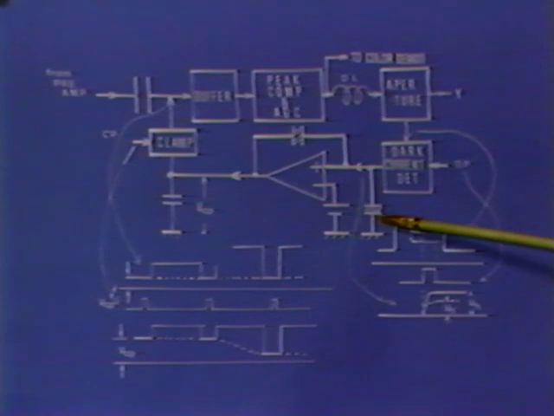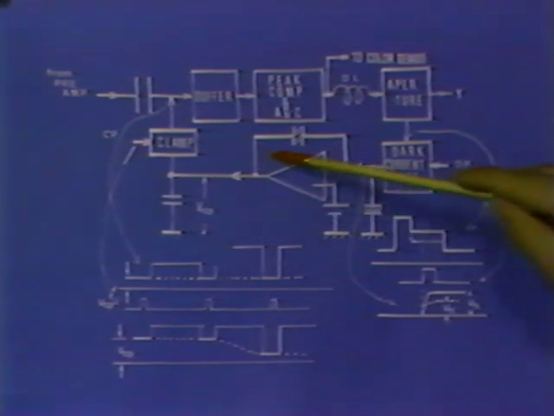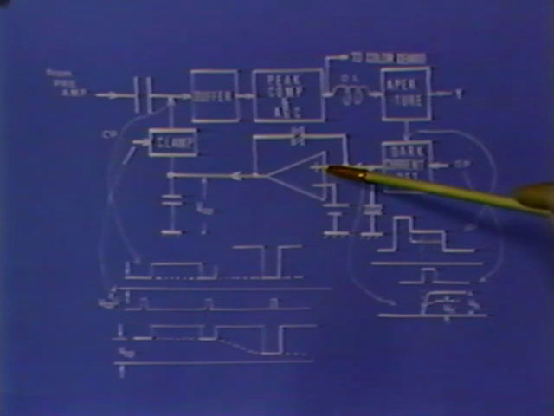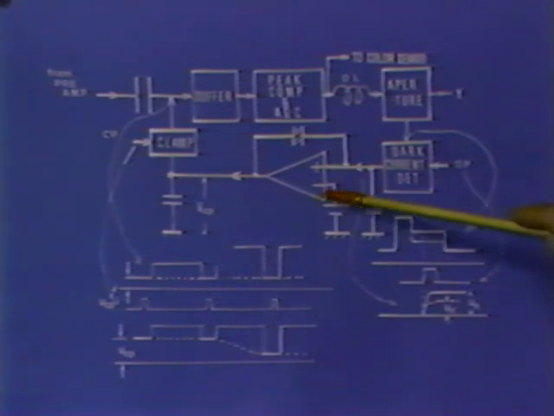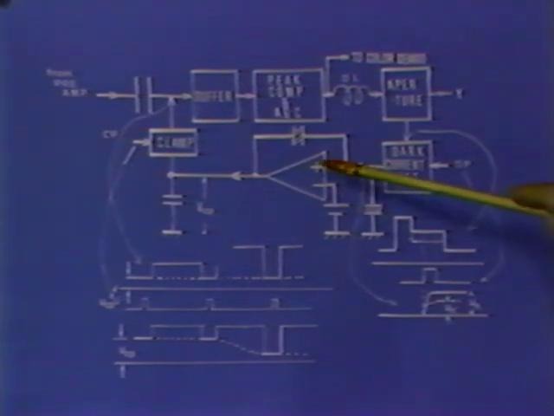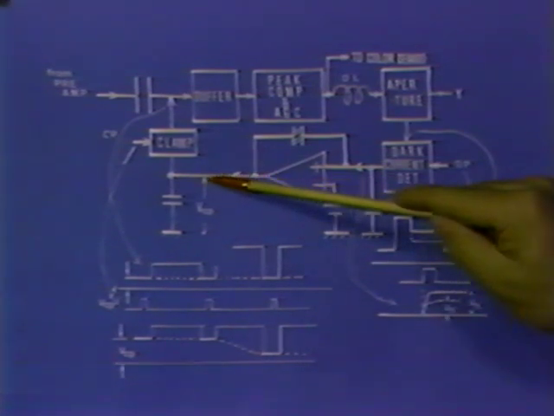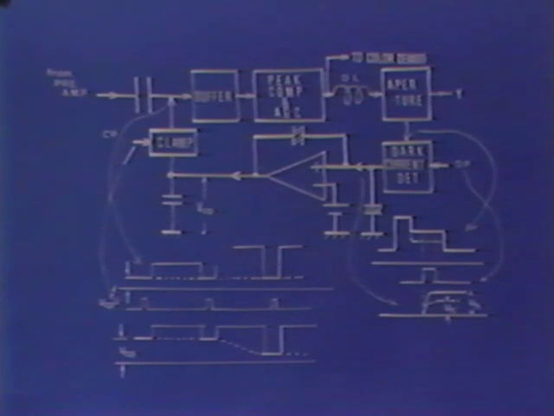This sample held voltage is guided to the non-inverting input of the operational amplifier and is comparison amplified to the standard voltage on its inverting input. In this case, the operational amplifier acts as a DC amplifier.